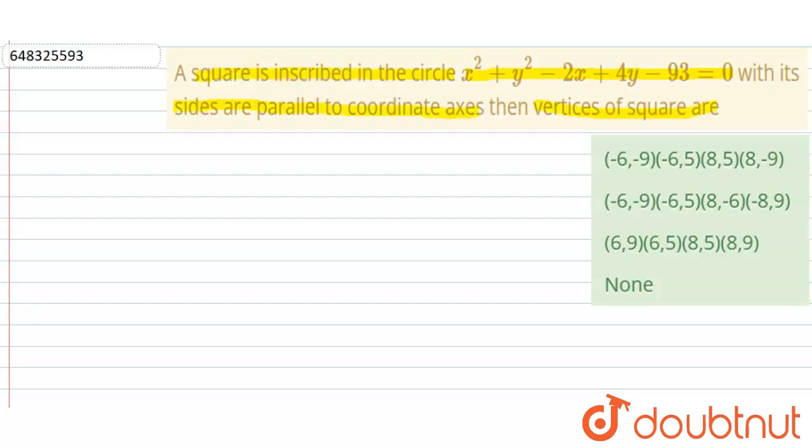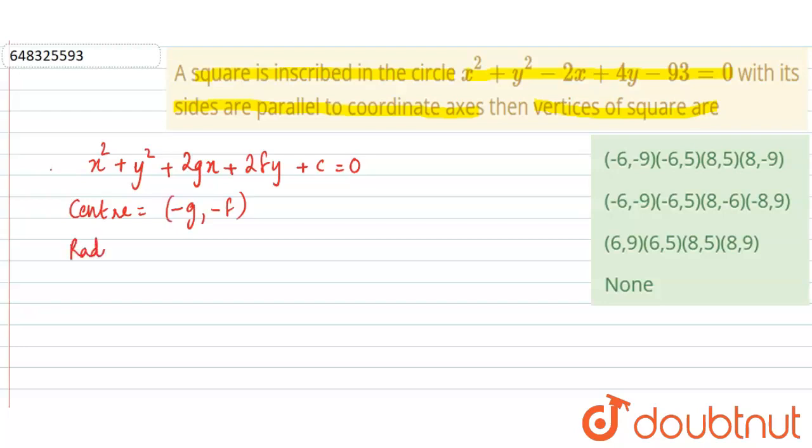So let's first write down the general equation of a circle, that is x squared plus y squared plus 2gx plus 2fy plus c is equal to 0, and center is equal to minus g comma minus f, and radius is equal to root of g square plus f square minus c.